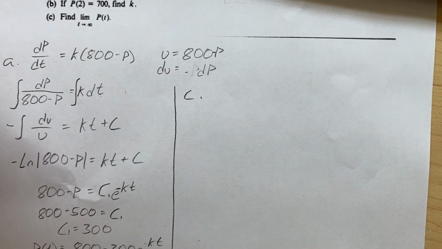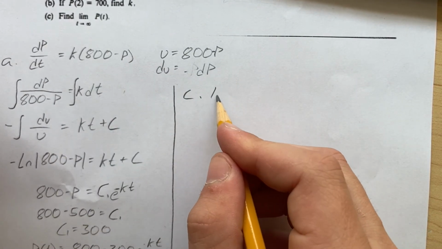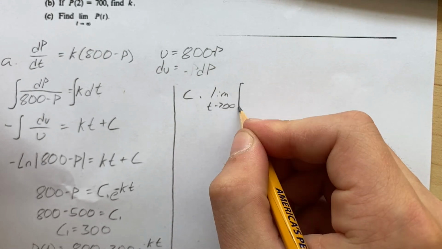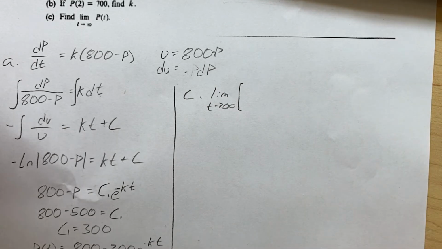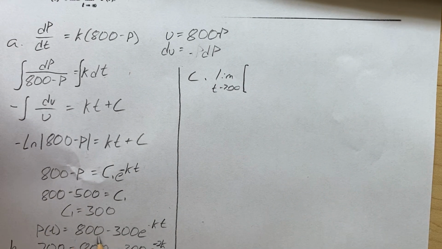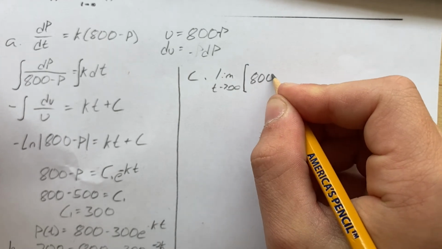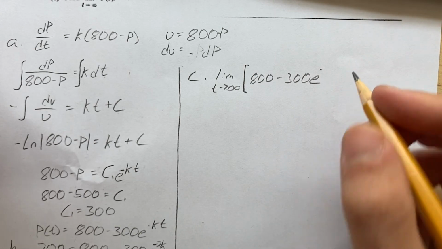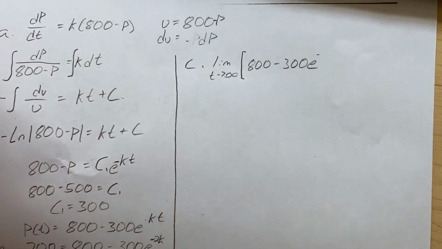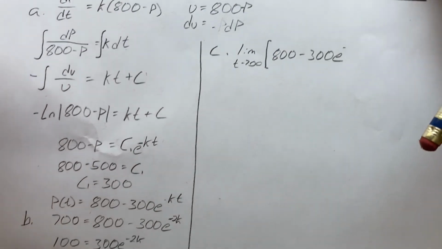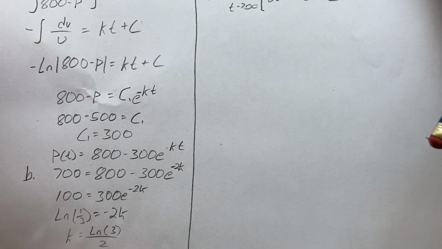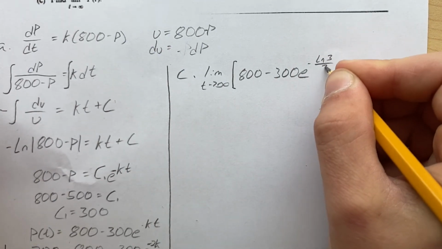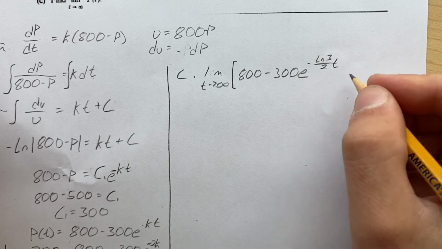Luckily, we already have our equation for P of t, so at this point, all we need to do is take the limit as t approaches infinity of, and we're going to grab this P of t equation right here, 800 minus 300 e to the negative, and in fact, we can take our k term, which is natural log of 3 over 2, plug that in, and t.